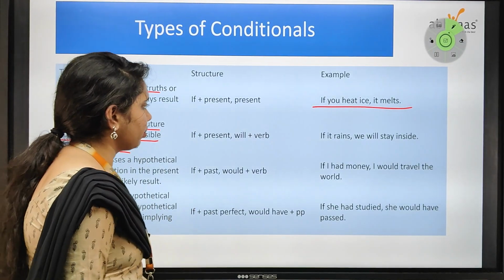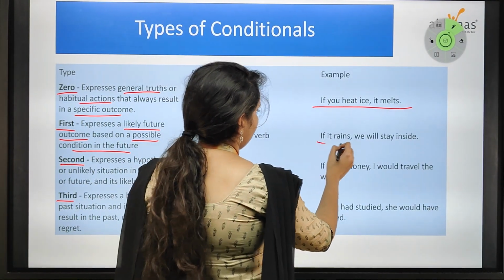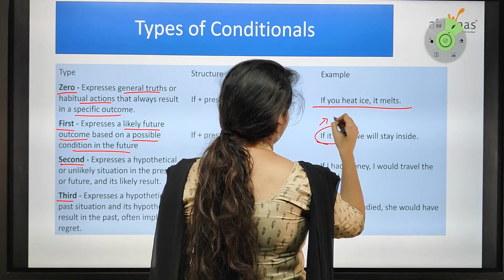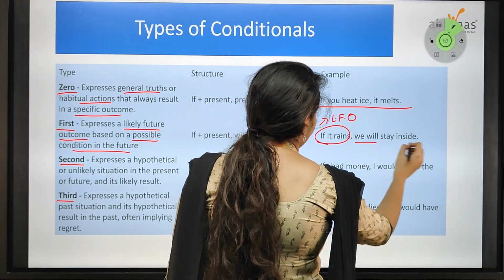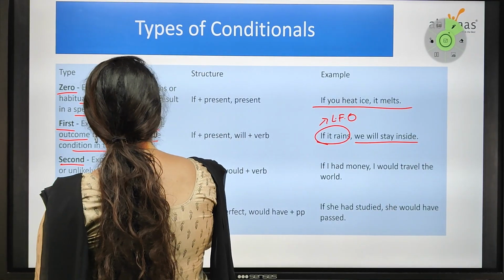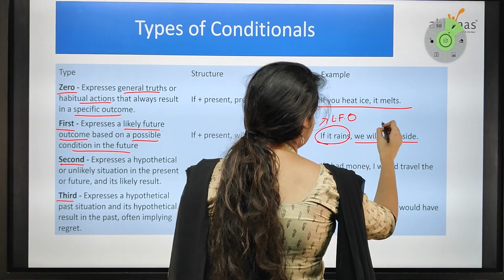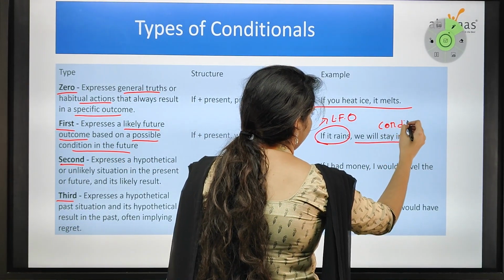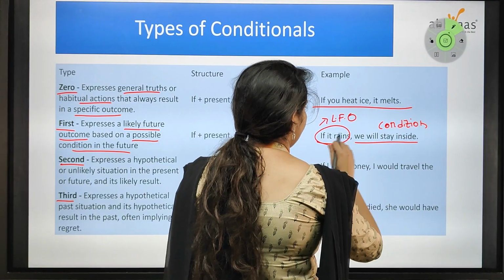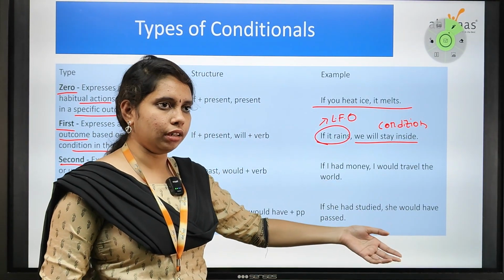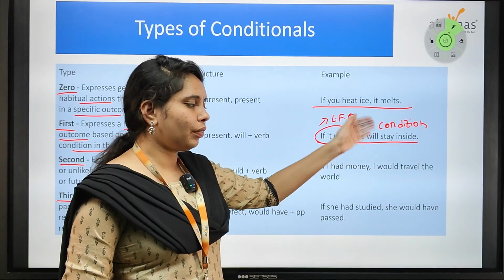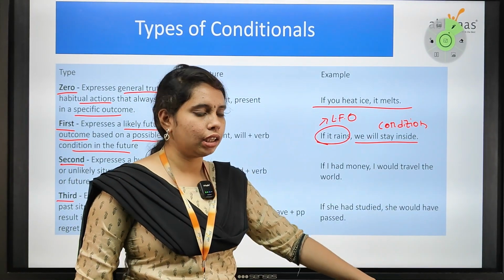So if it rains, we will stay indoors. That is a possible condition in the future. So this is the condition that we are talking about. This is the likely outcome in the future. We don't know for sure if it will rain or not. So if it rains, we have a condition. That is, we are going to stay indoors.